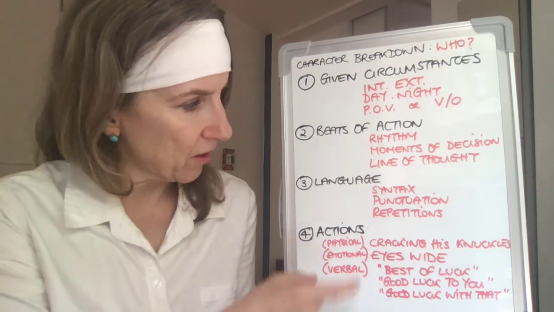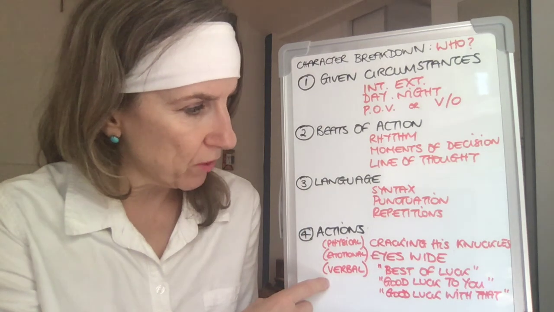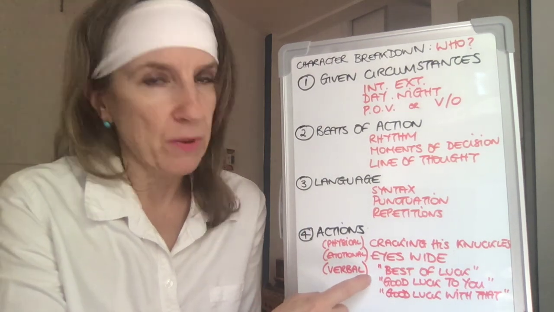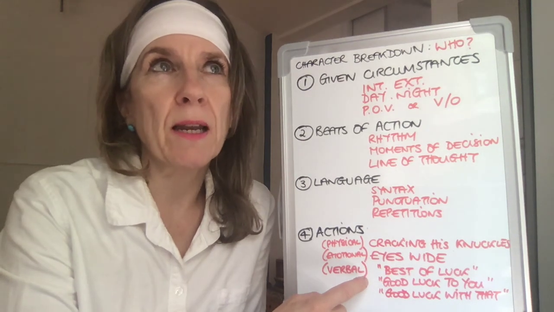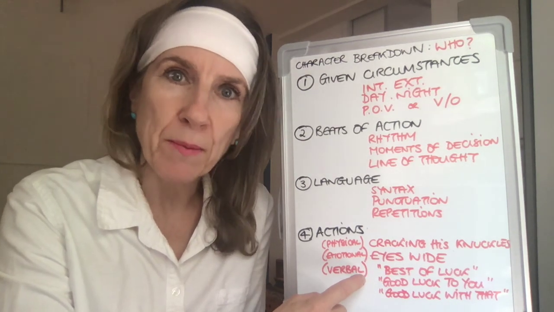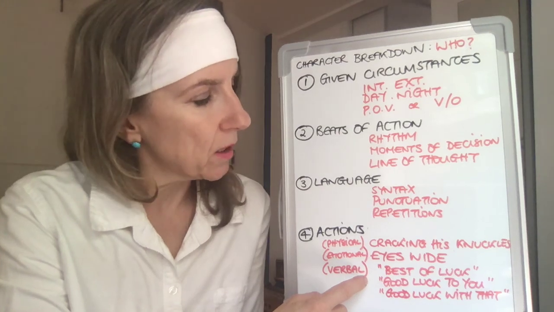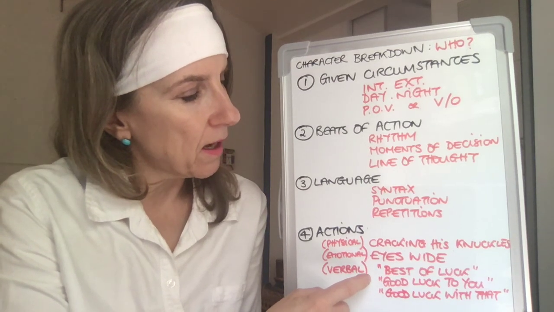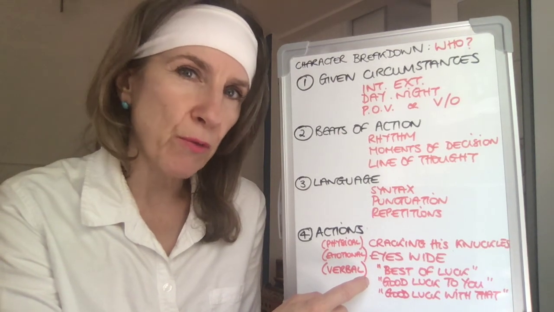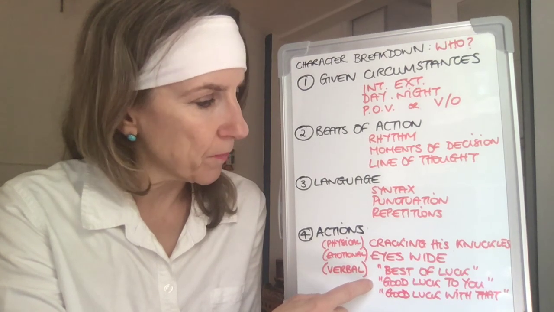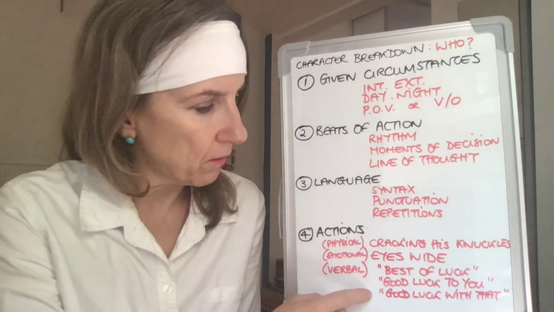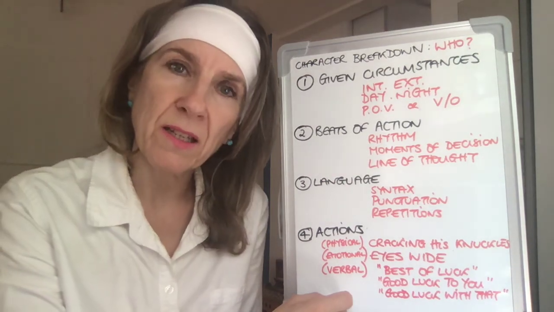Some of these, obviously going back to the language, are going to be verbal. This is a little example. Just take this phrase, best of luck. This was actually a line in a self-tape I was working on last week. And I just want us to think for a moment how the rhythm of best of luck is different from good luck to you or good luck with that.